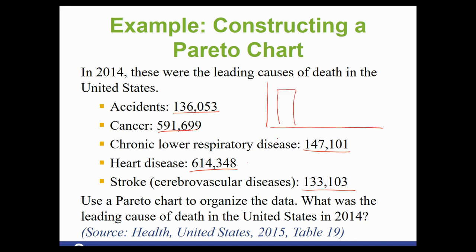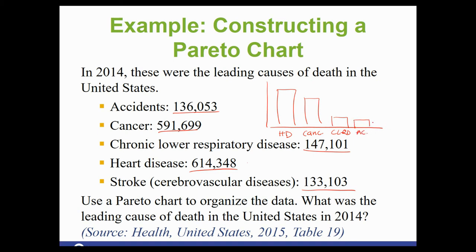So heart disease would be our first bar. Then we would have cancer. Then the next one would be the chronic lower respiratory disease. So we're going to abbreviate there, CLRD. And then we have accidents right behind that one.